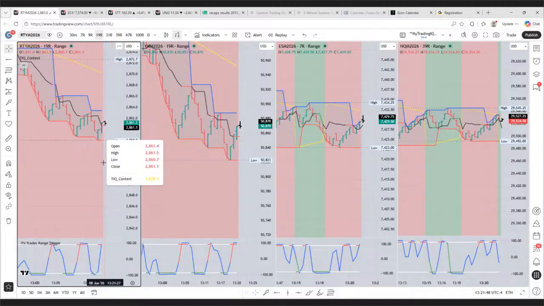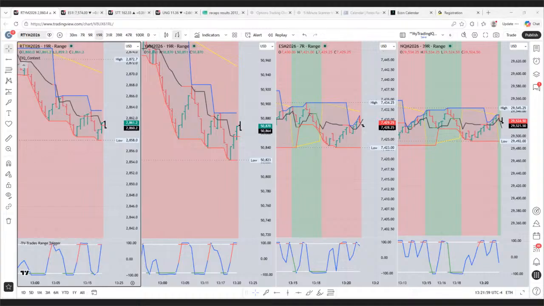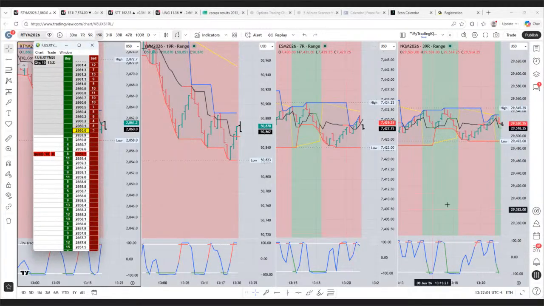It has a high of 61.5, so you'd be selling 9.5. On the NQ, there you go.